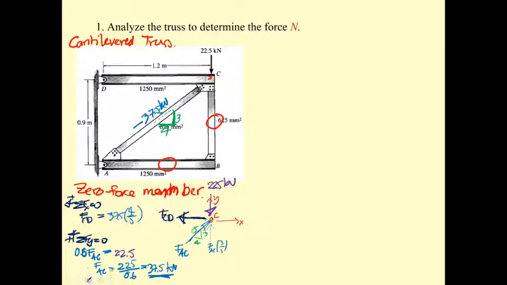This one is in tension, and this one is in compression. So this one is plus 30. That's what we have for all the members.